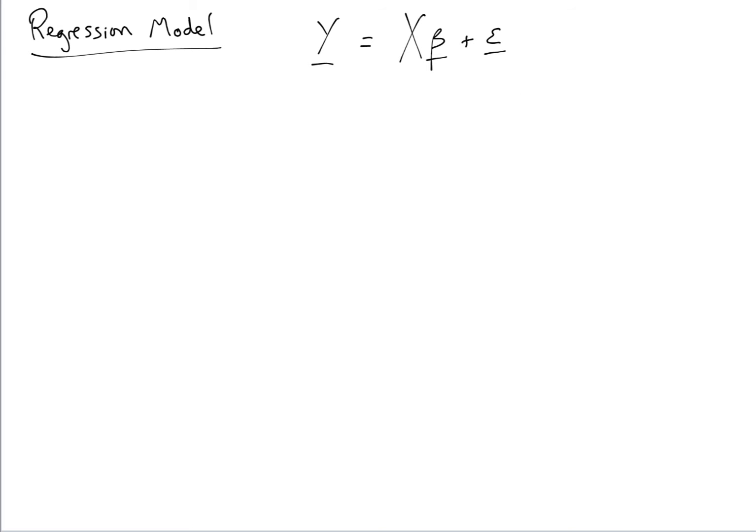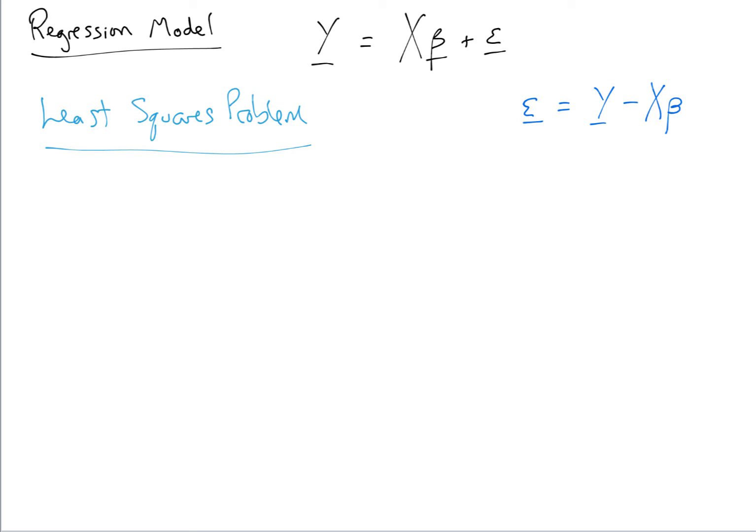And we now want to look at our least squares problem. So our least squares problem, we can think of it as rewriting this expression here as epsilon equals y minus X beta.